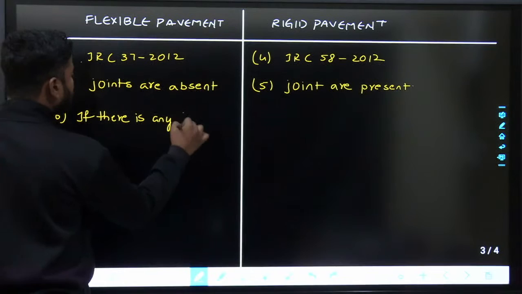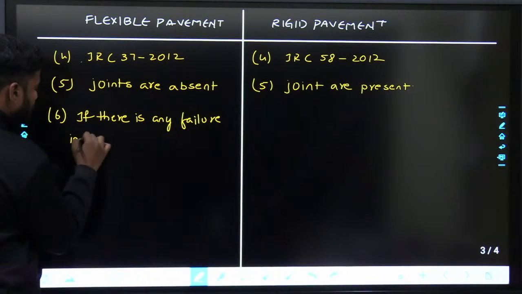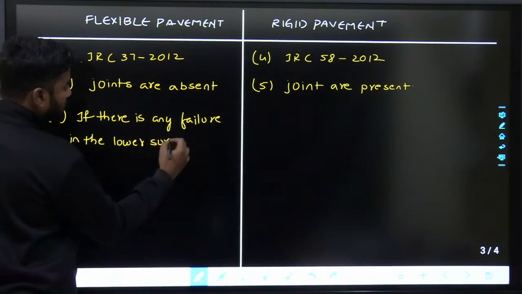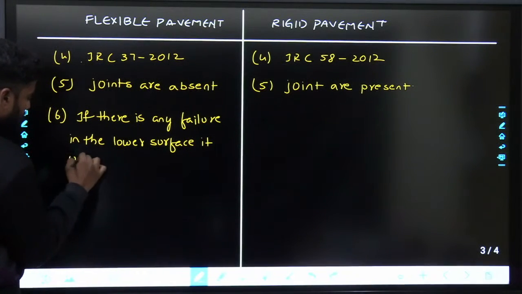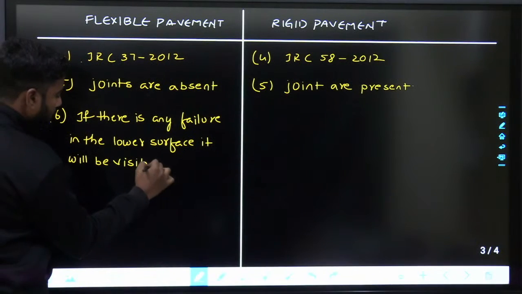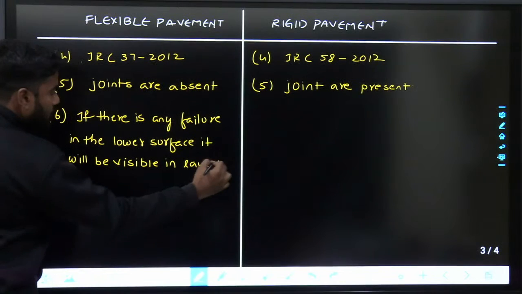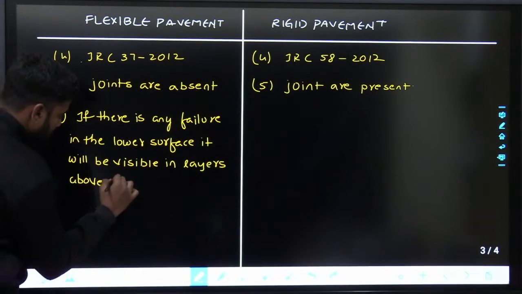The next point would be, if there is any failure in the lower surface, it will be visible in the layers above it.